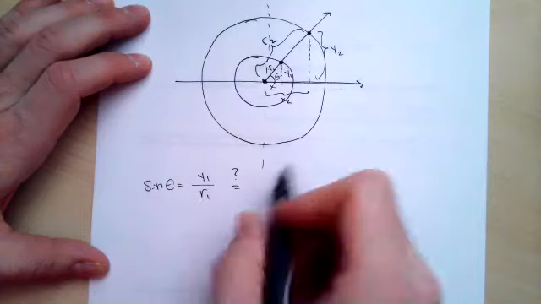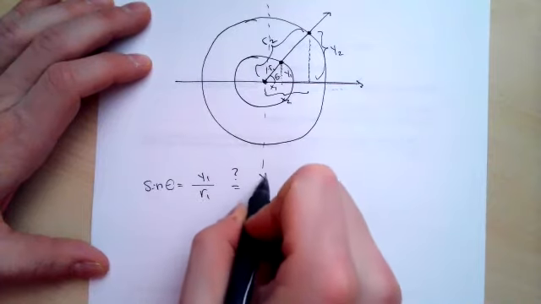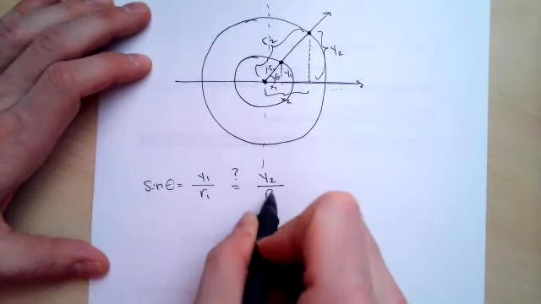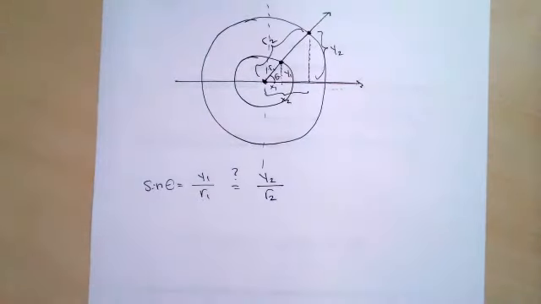And the question is, does this equal y2 over r2? By our definition, it doesn't matter what size the triangle was, or what size the radius of the circle was. So why doesn't it matter? Why should these two quantities be the same? Does anyone know?